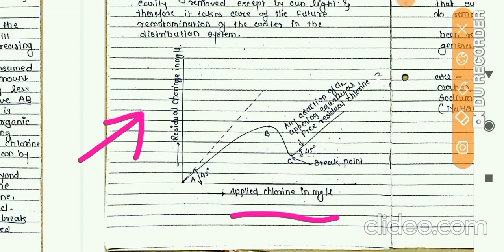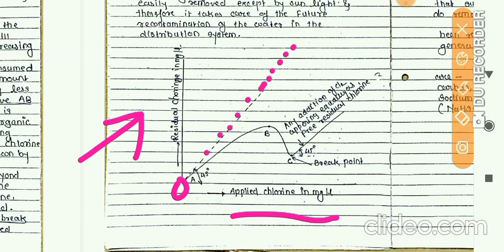As we add chlorine to the water, it will start killing the bacteria. Suppose this is the beginning point, let's say point A. At point A we start adding the chlorine. Suppose I add a constant amount of chlorine, it should go like a straight line.